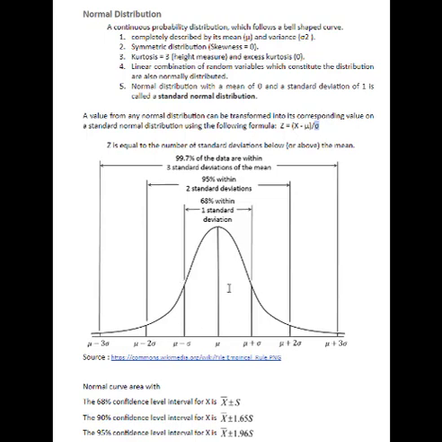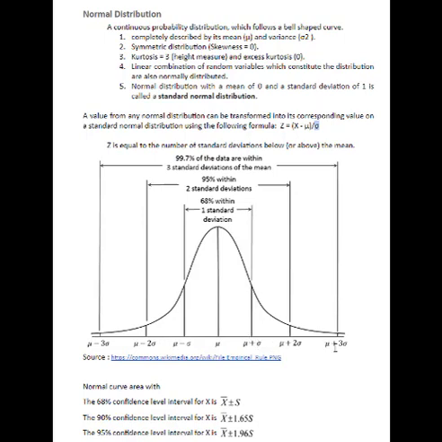By looking at this figure, we can see that within one standard deviation, 68% of the observations are included. If we increase the value to 2 standard deviations, 95% of the observations are covered between plus 2 standard deviations and minus 2 standard deviations.